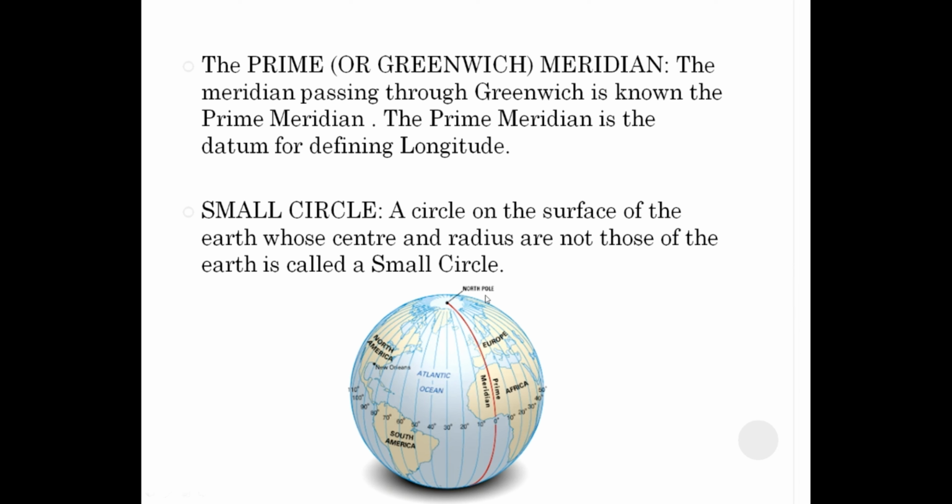Now look here, you can see the prime meridian. Then the east side: 10 degrees east, 20 degrees east, 30 degrees east, these are the meridians. Then this is your west side: 10 degrees west, 20 degrees west, 30 degrees west, 40 degrees west, like this, right?